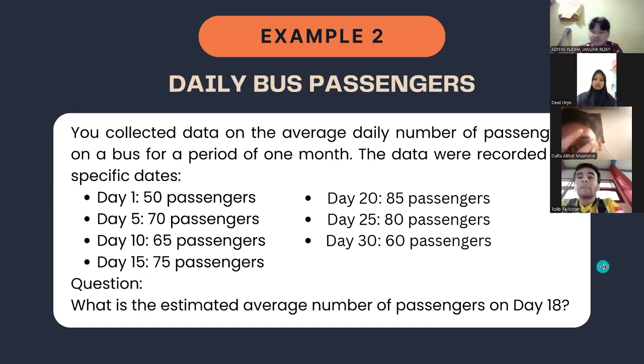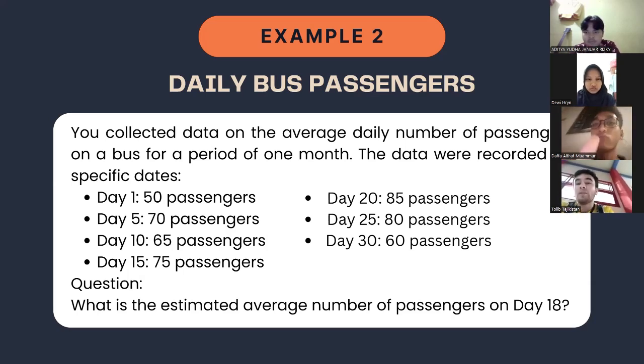In the second example, I'm going to talk about the daily bus passengers. In this example we collect data on the average daily number of passengers on a bus for a period of one month.